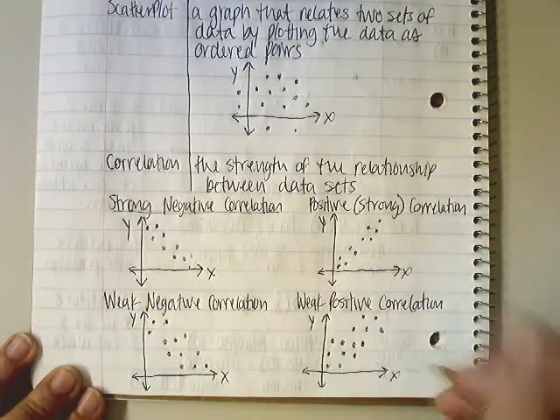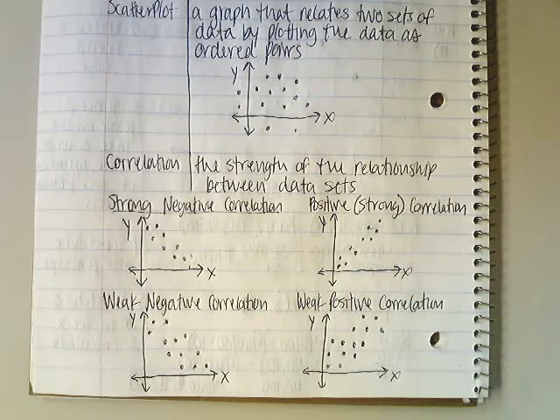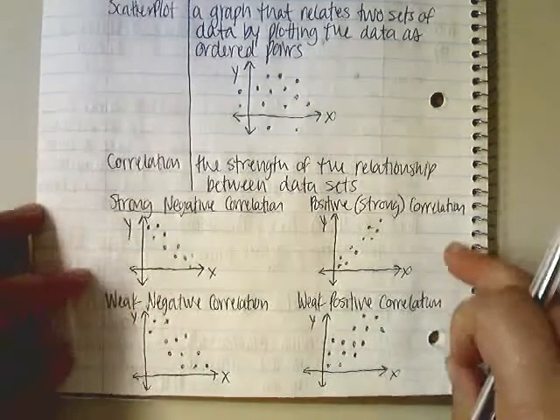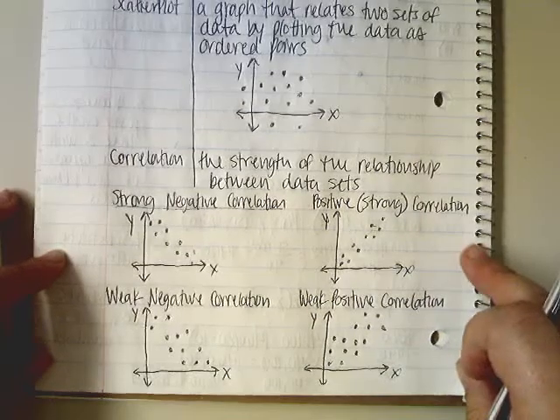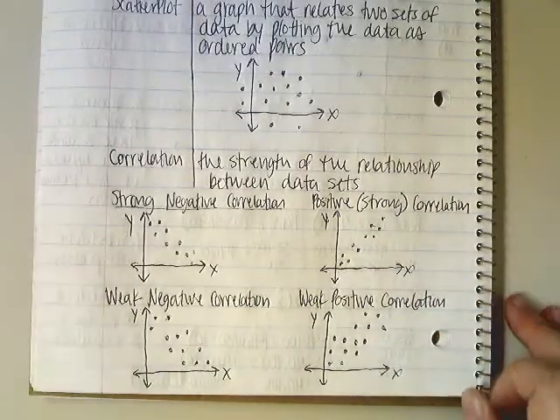They're a little more spaced out as they trend in the positive direction. So these are the 4 types of correlation that we will work with. And we're going to use these correlations to build trend lines. So I'm going to flip the page so we can talk about trend lines.